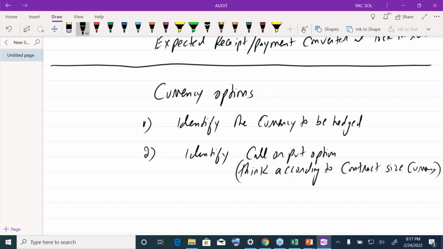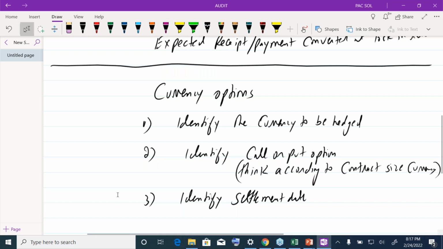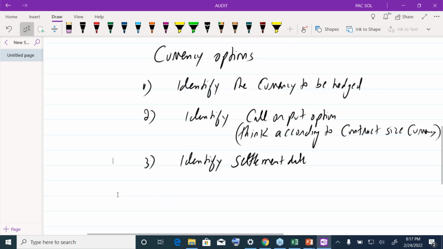Number 3 step, identify settlement date. Number 4 step, number of contracts.